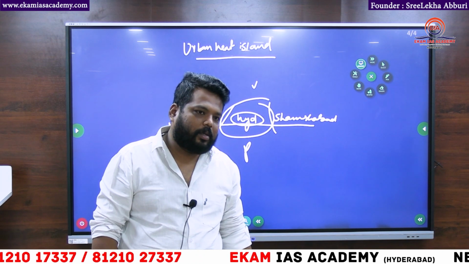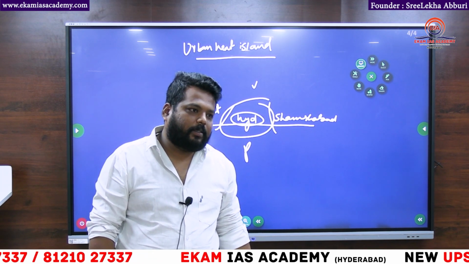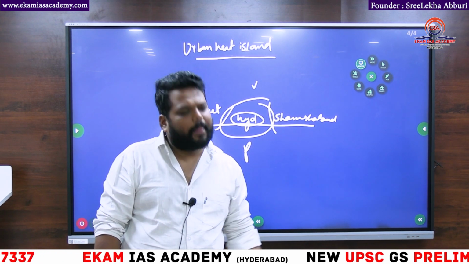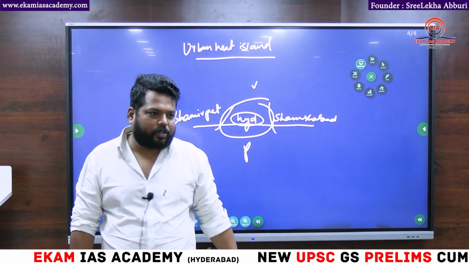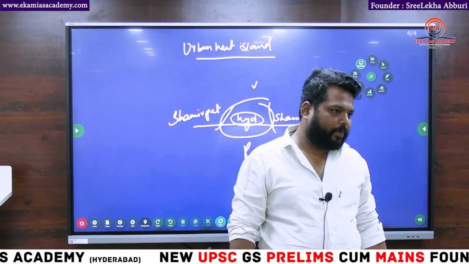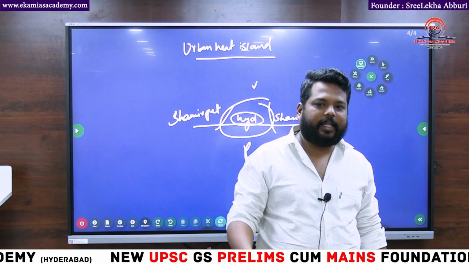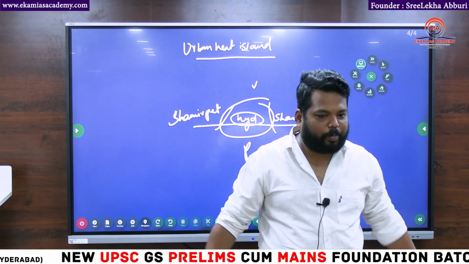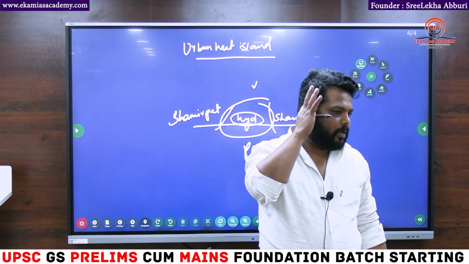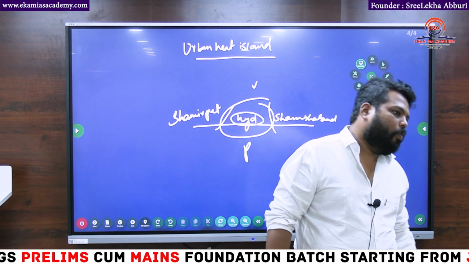What else? Industrial release of smoke. Pollution from vehicles and industries, solid waste dumping, deforesting the lands and कब्जा कर रहे हैं उसके ऊपर real estate है ना. These are the reasons. So what we can do to tackle this?